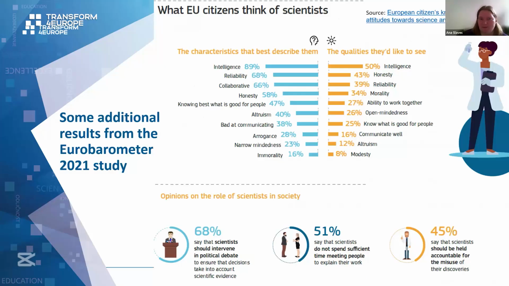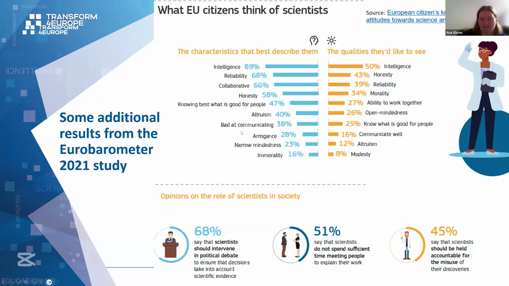And there was a question, what are the characteristics that best describe scientists? We see the highest percentage for intelligence, but also quite high, two thirds said reliability, but also honesty. So from this perspective, we see that most people still somehow trust scientists.